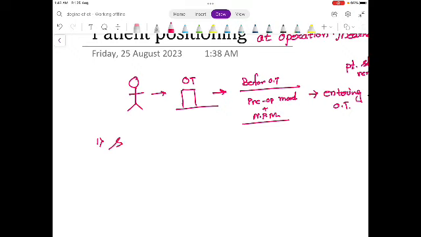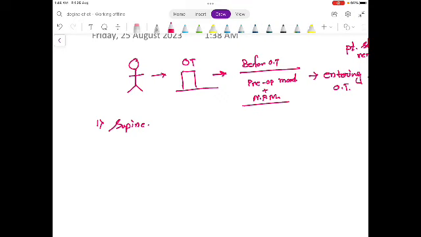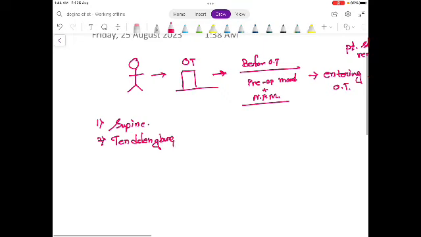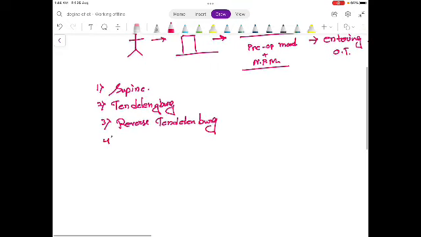So first of all, the position named supine position. We will discuss the positions later. Next comes Trendelenburg. Third, reverse Trendelenburg.